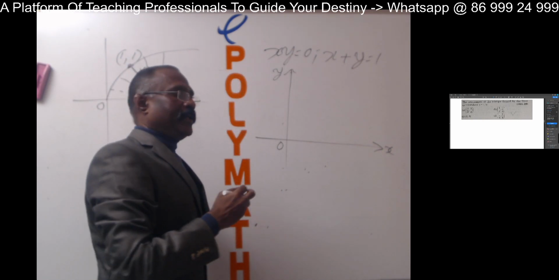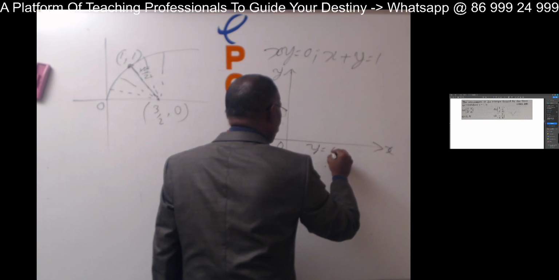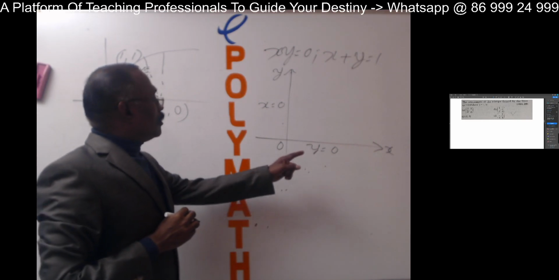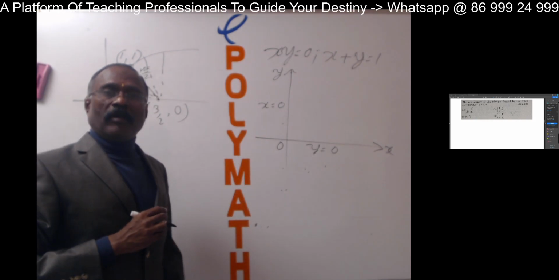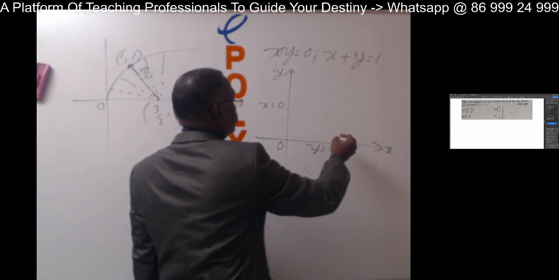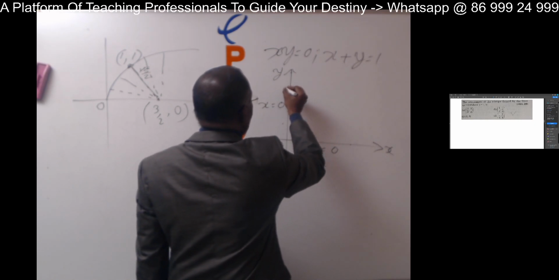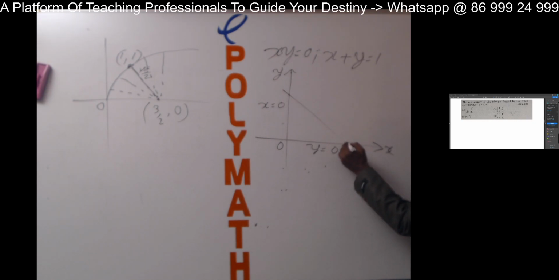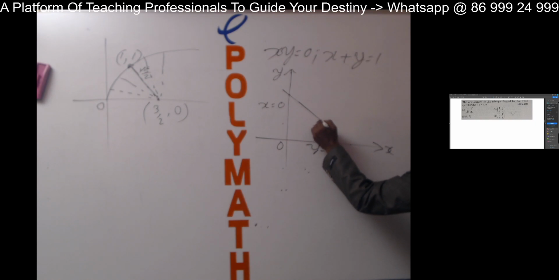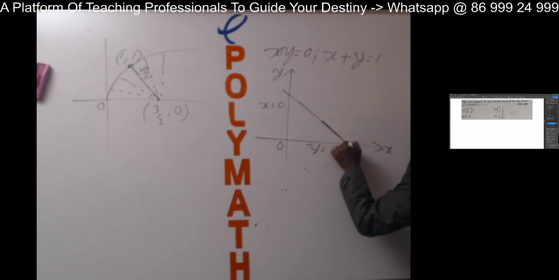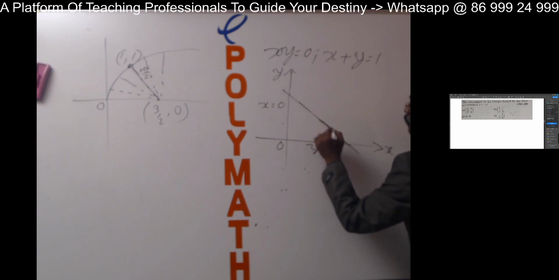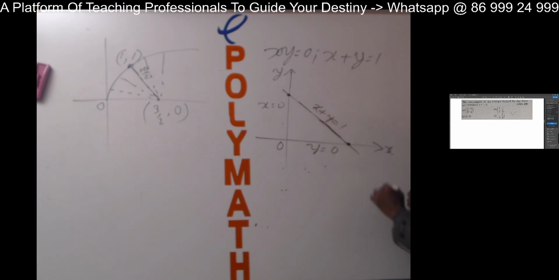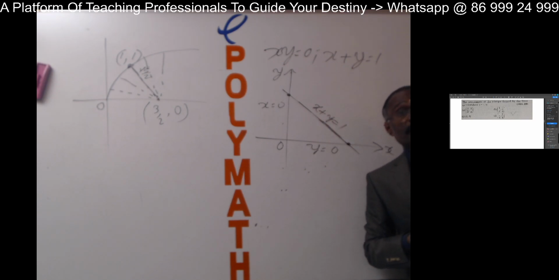I discussed the equation of the x-axis, y equal to 0, and the equation of the y-axis, x is equal to 0. This is given as a pair of lines, xy equal to 0. You have to understand that. The third line is x plus y is equal to 1, which is like this. We need the orthocenter of this triangle.